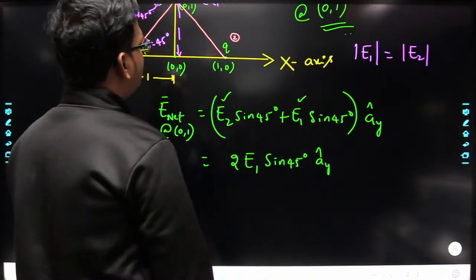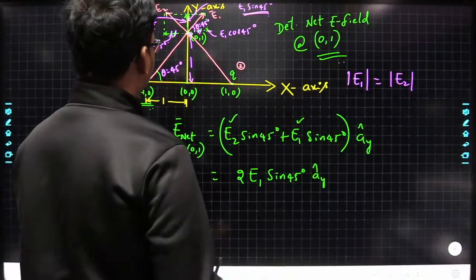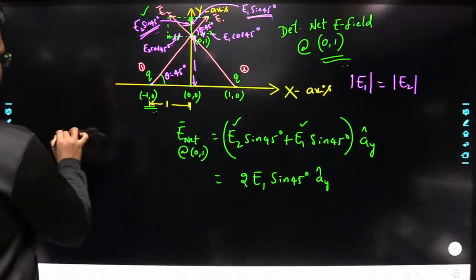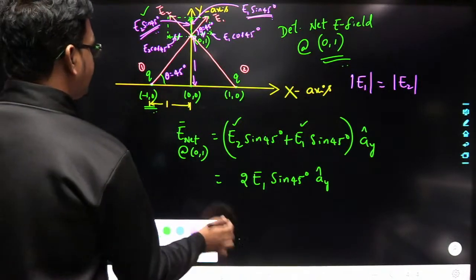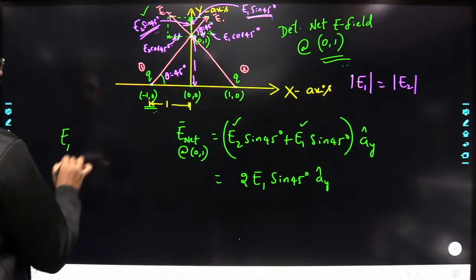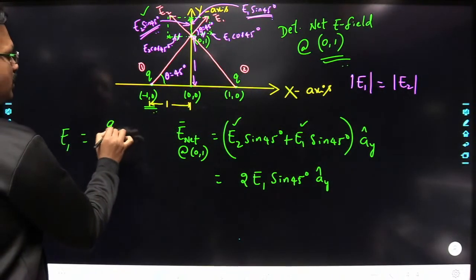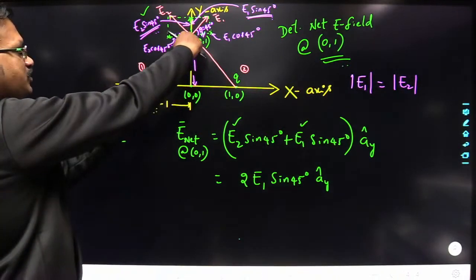Okay. So now what is the E1 value here? E1 is nothing but the electric field due to this Q1 charge. So what is the electric field due to Q1 charge? E1 is equal to K into Q1 divided by the distance from here to here.